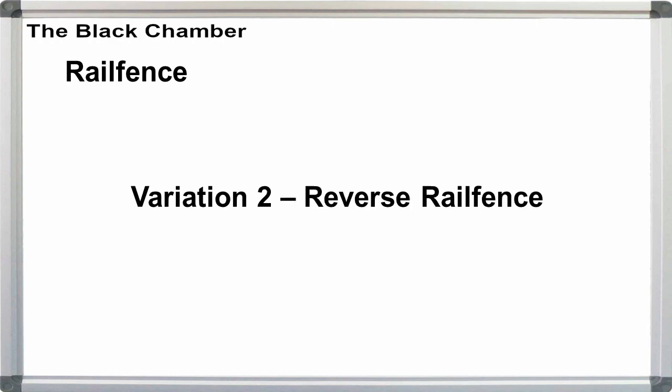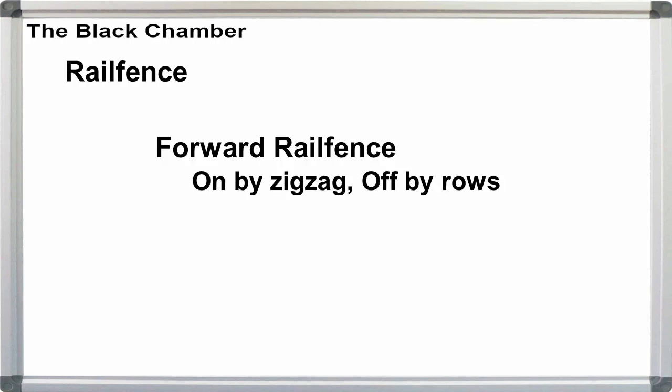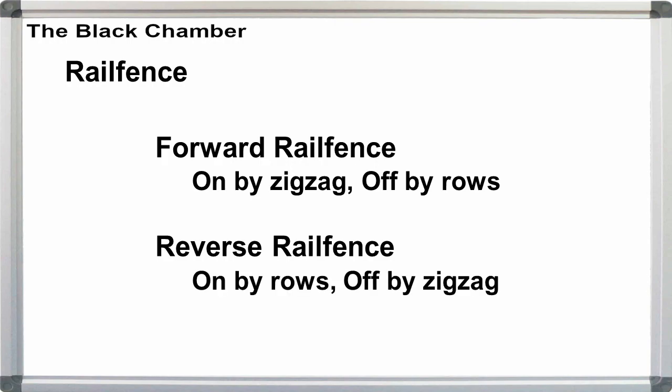The second variation is to reverse the order of the steps. Instead of writing the plain text in zigzags and taking it off in rows, we write it in rows and take it off in zigzags. This doubles our range of possible keys, which does improve our security somewhat, but also makes pencil and paper solving more tedious.